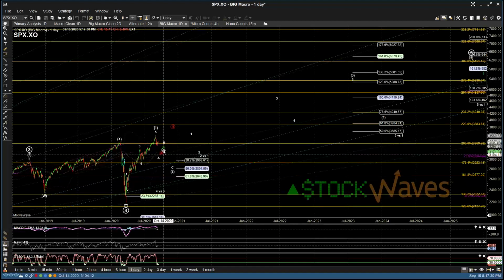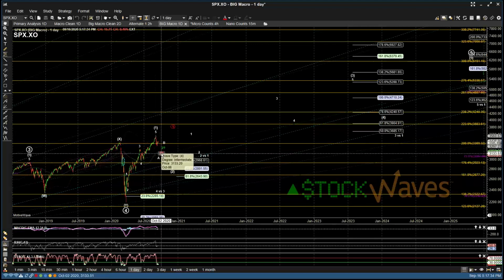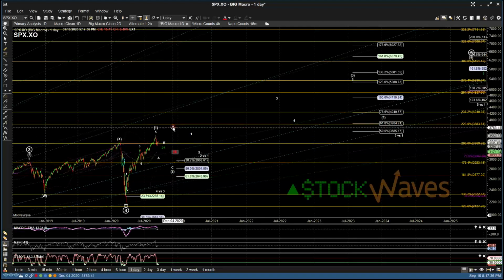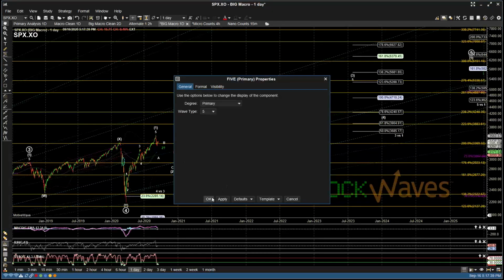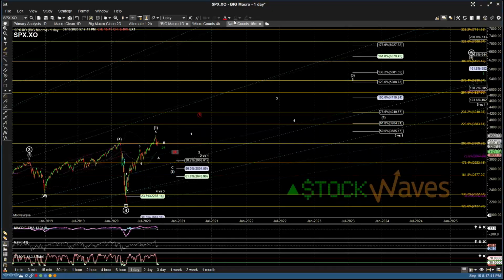So I know I mentioned that there's the risk of this being a fourth wave, or maybe this is just the 3 and it needs a 4 and then another 3, 4, and we can push this even a little bit higher, even in the more bearish case.